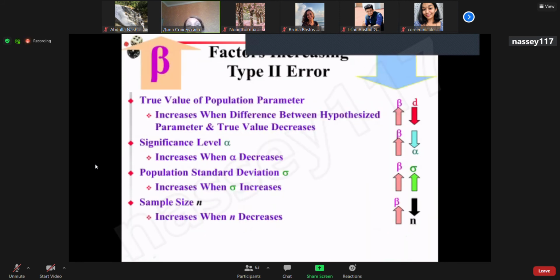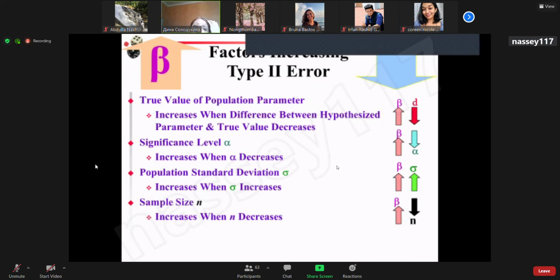What are the factors which influence the errors? First of all, they are related to sample size, or n, which is very important. Type 2 error will increase if your sample size decreases. So to avoid type 2 error, it is important to have a large sample size. The next thing is the true value of the population parameter.